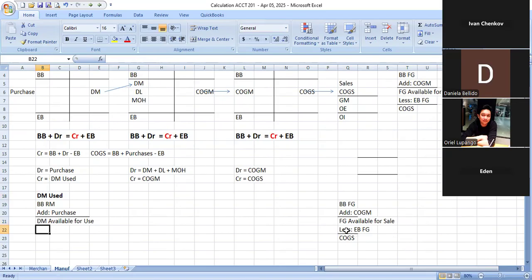I need to deduct the ending balance of the raw material account. And once I do that, I'm going to find out how many direct materials I actually used. Make sense?